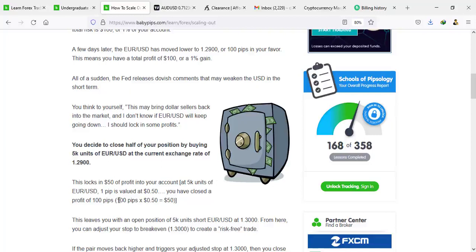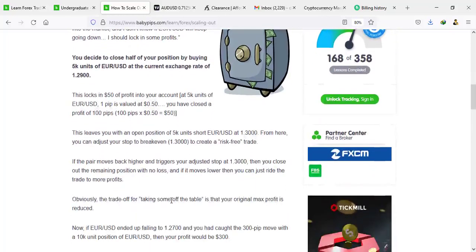Now this locks in $50 of profit to your account, at 5k units of Euro USD at $1 per pip, that is 0.50 cents. Now you have closed in 100 pips, 100 pips multiplied by 0.50 cents. Now this leaves you with an open position of 5k units.